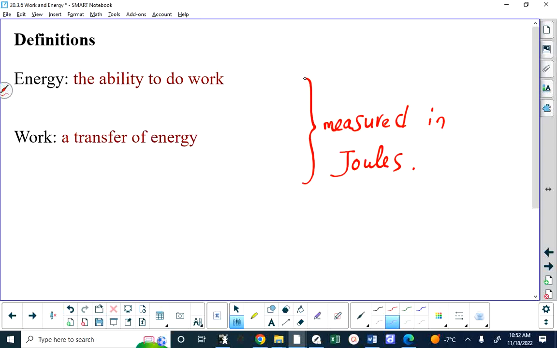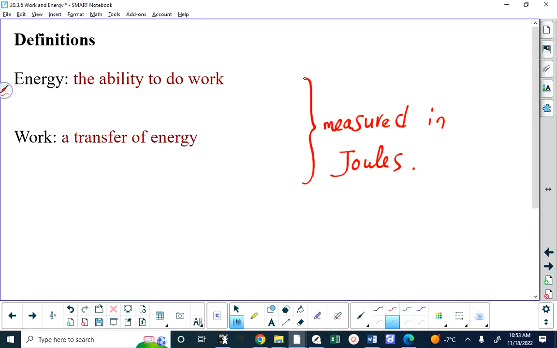Okay. So to maybe make this analogy more specific, if I have a certain amount of energy in my body and I want to take a baseball and throw the baseball, I have to do work to the baseball, whatever that means. Well, what it means in this context is I have to transfer energy from me to the baseball.